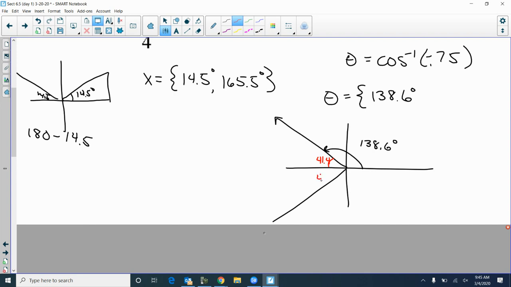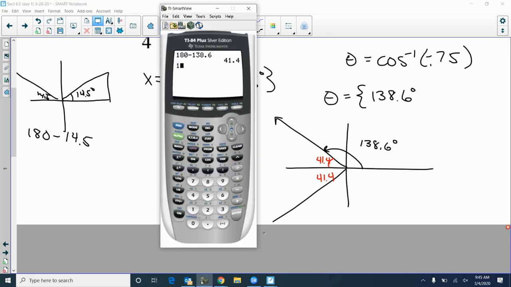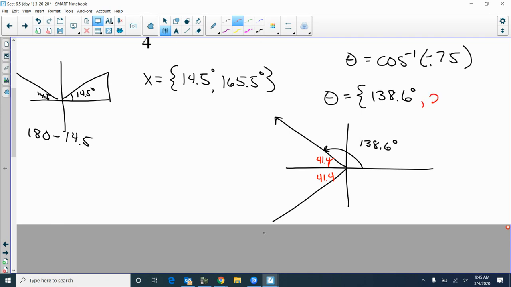That is the reference angle. The second reference angle would have to be the same, so now I take 180 plus 41.4, and that gives me my second angle, which is 221.4 degrees.